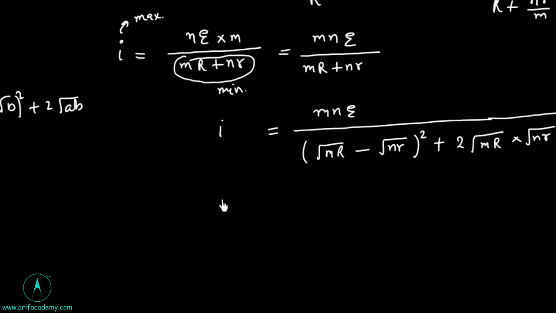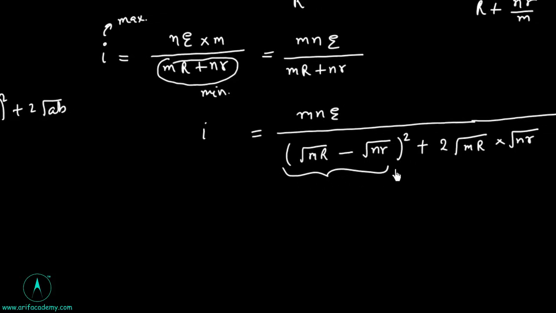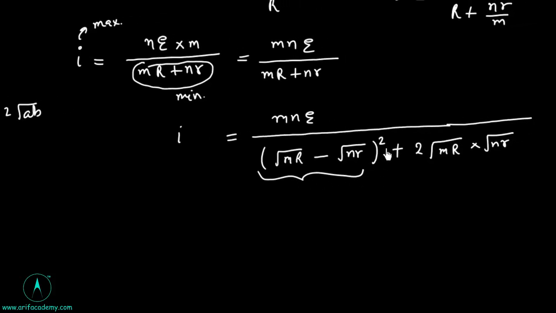This is the expression for I. This term has a square, so its minimum value will be 0, and when it attains 0, this I will be maximum.